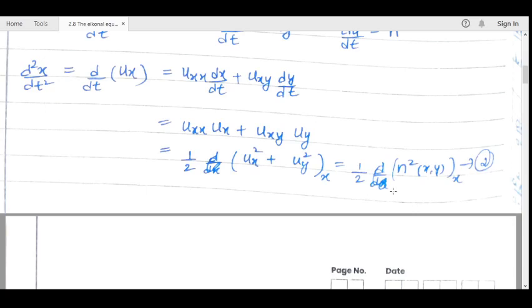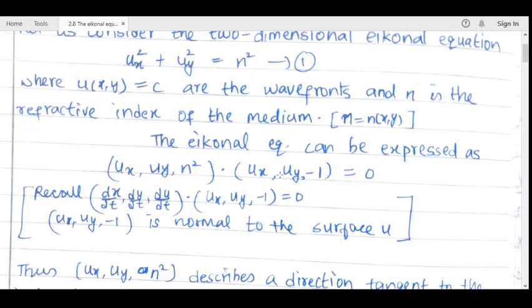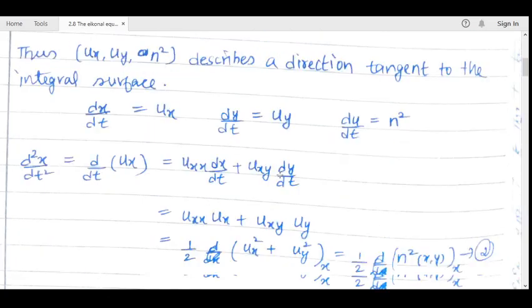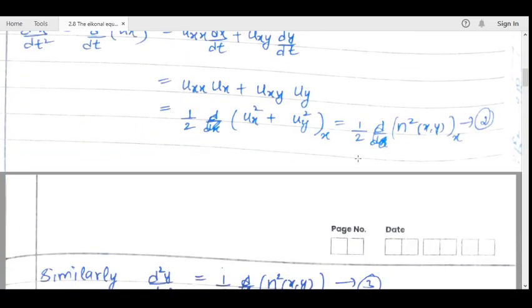Now we know that ux square plus uy square is nothing but n square, from the equation. So we have equation number 2. This represents half the derivative of n square of x, y with respect to x.